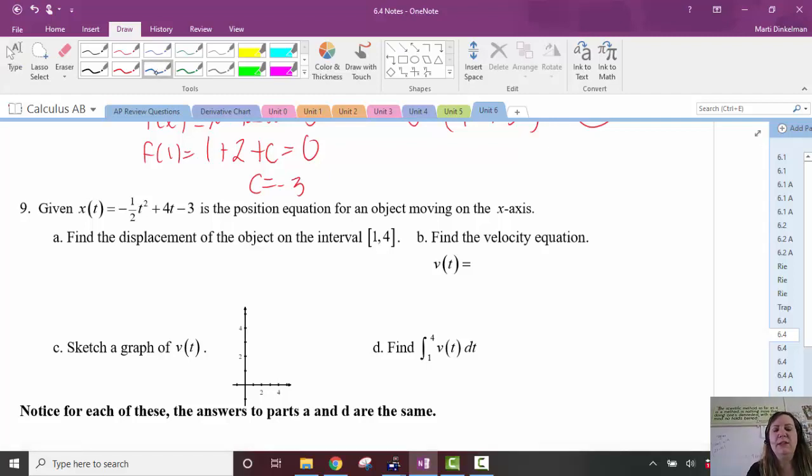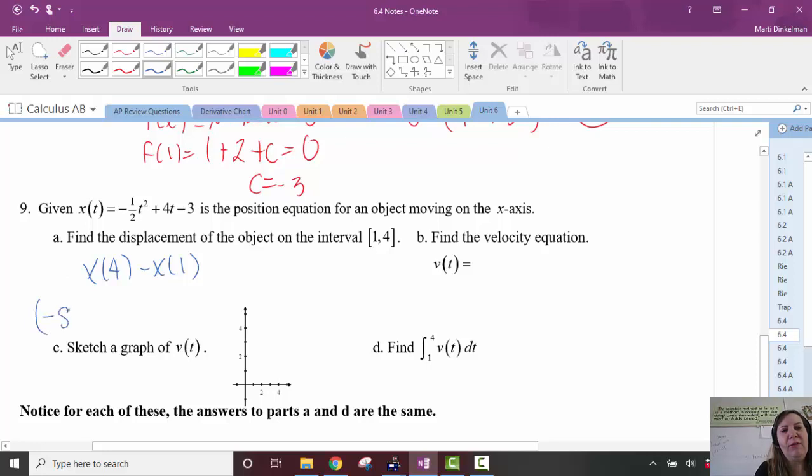Really quick on 9, talking about displacement and position. So remember with displacement, what we're going to do is find x of 4 minus x of 1. And let's see what that's going to be. So I might have to keep track a little bit here. So 4 squared is 16 and times -1/2, and then plus 16 minus 3. And if I plug a 1 in, unfortunately, there's our fraction.